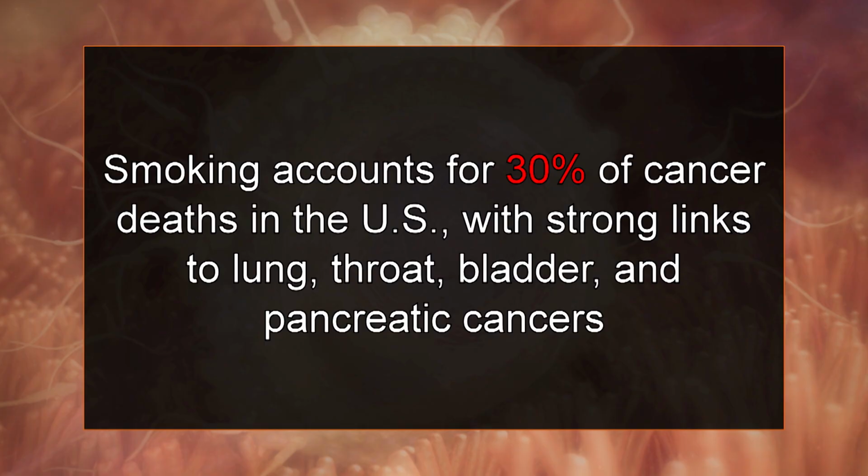These compounds form DNA adducts, particularly in the p53 tumor suppressor gene, leading to mutations that disable normal growth control. Smoking accounts for 30% of cancer deaths in the US, with strong links to lung, throat, bladder, and pancreatic cancers.